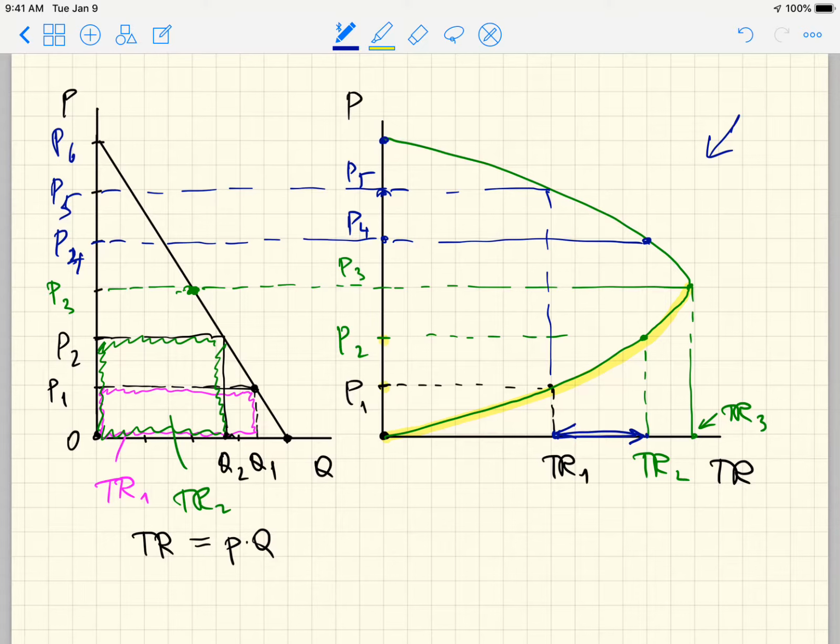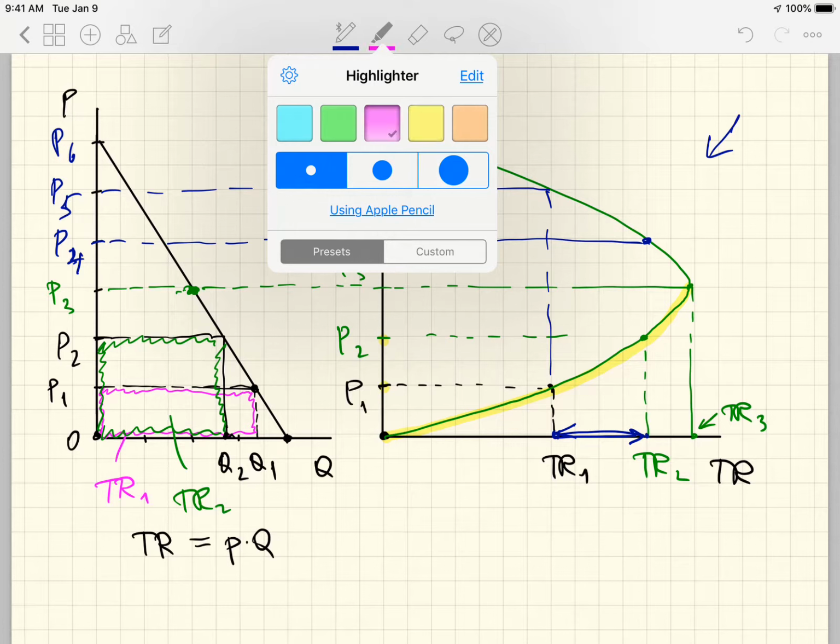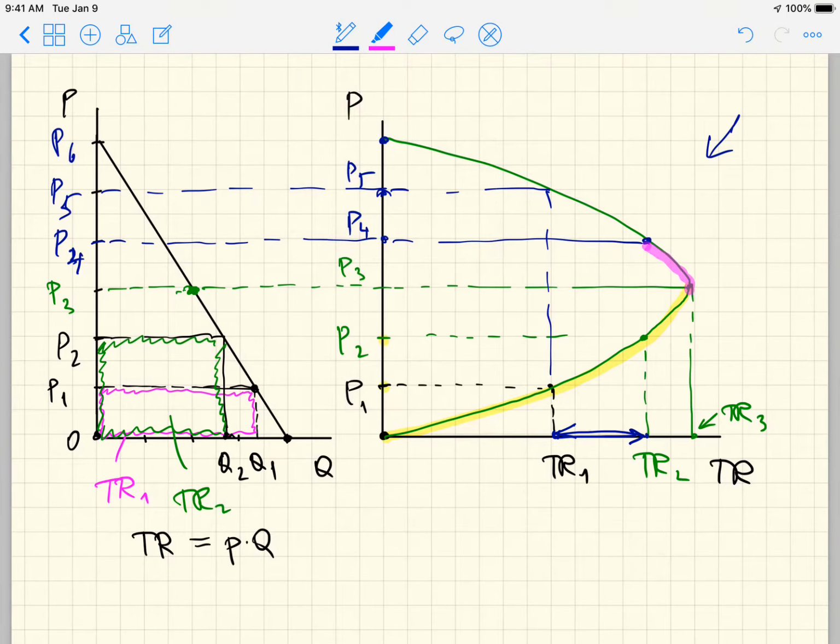So, you can see it on this upper half of the total revenue curve, and it actually makes sense, because the upper half of this curve is backward sloping, so it has a negative slope, which indicates a negative, inverse relationship between price and total revenue.